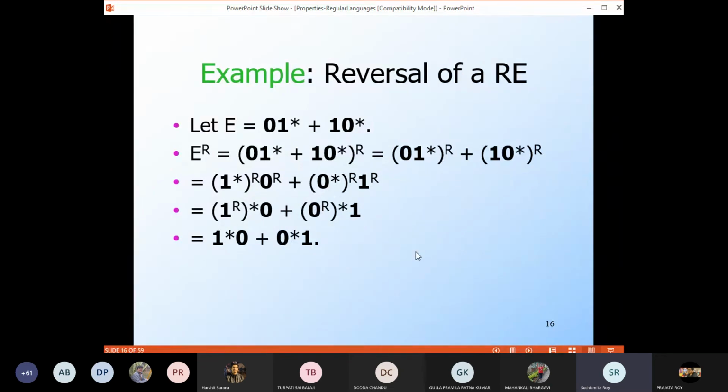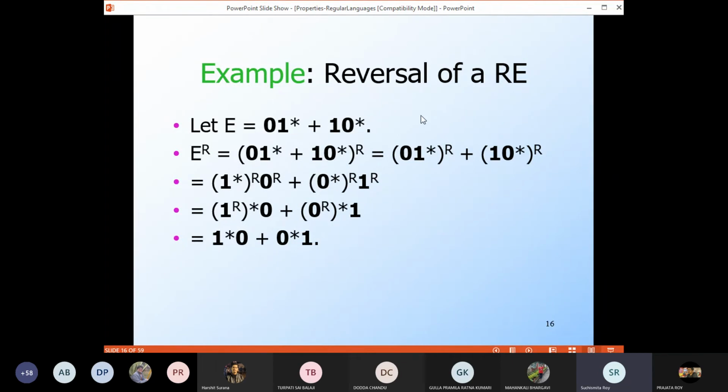What you can do to convince yourself is take this first expression, find some strings according to this first expression. Then second expression, find some strings, maybe strings of length 1, 2, 3 maximum. This much you can do because since you have Kleene closure, these are going to be infinite sets. So infinite number of strings you cannot enumerate.